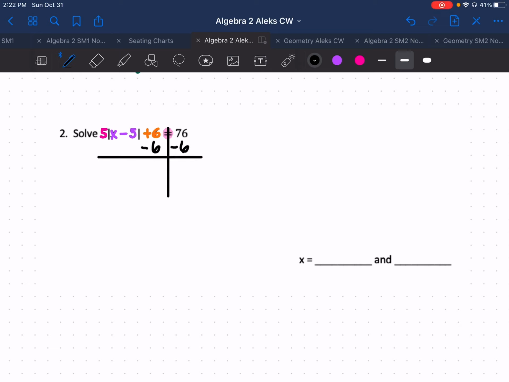If I take away the 6 from both sides, it leaves me the pink 5. It leaves me the x minus 5 inside the absolute value, which is in purple, and it gives me 70 on the other side. I can see once again that my absolute value is not alone. So I must go ahead and get rid of that pink 5. Remember, I'm thinking of it like this.